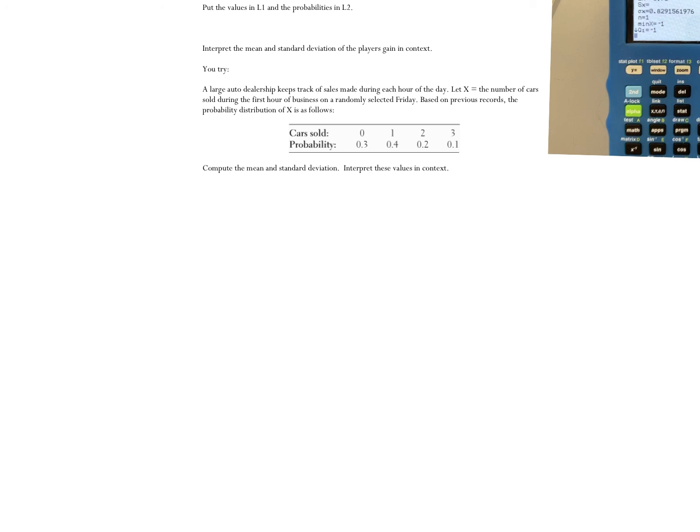It's in one of the top 10% of their sales days. All right. So finding the mean and the standard deviation here, we're going to get the answers from the calculator, but you still need to show me some work. So we're going to do 0 times 0.3 plus 1 times 0.4 plus 2 times 0.2 plus 3 times 0.1.